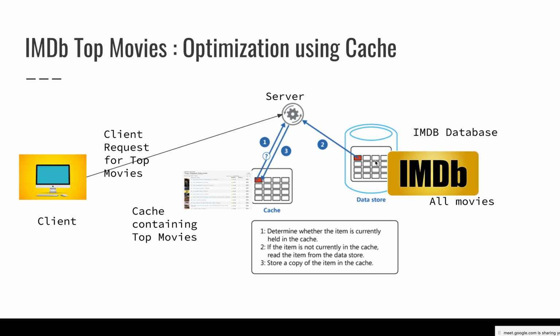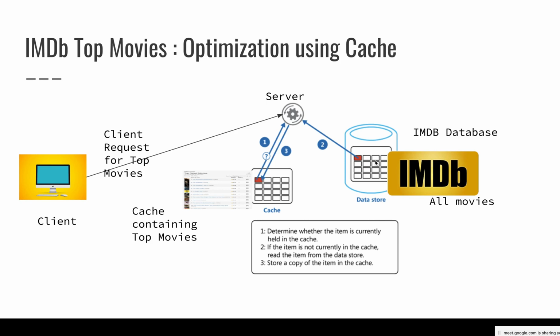That is, all the data is always going to be in the database. So in a cache miss scenario, it looks up the data in the database, fetches that data from the database, updates the cache with that data, that is, adds that data in the cache, and then returns the response to the client.